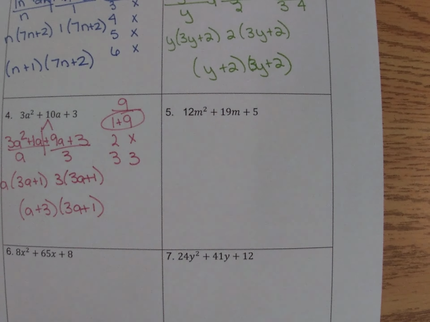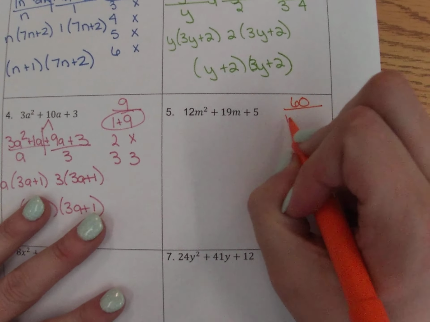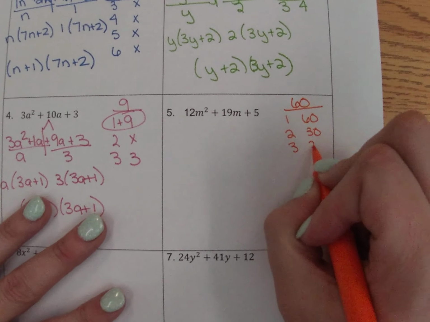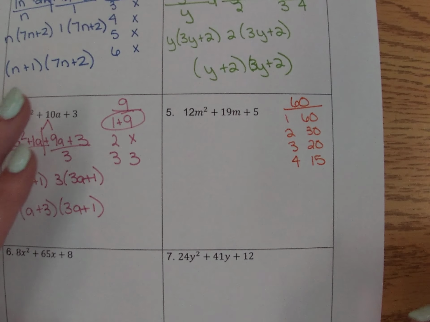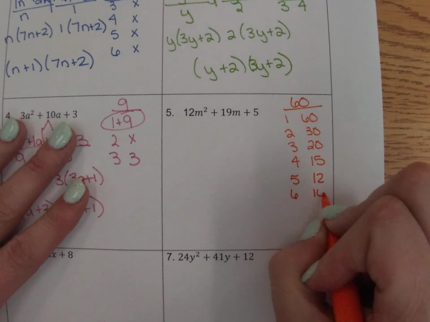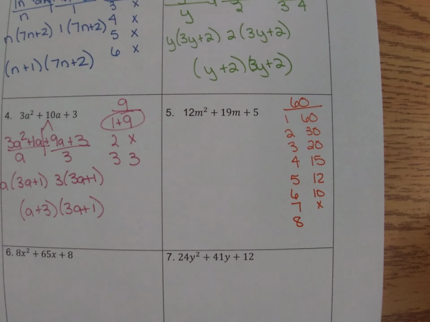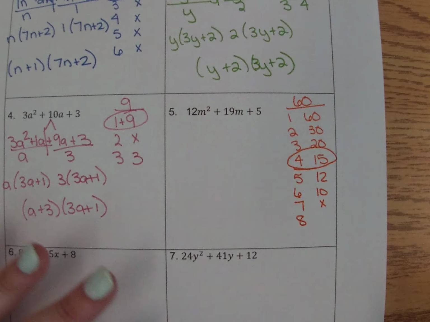Number 5, we'll take 12 times 5, which will give us 60. And again, if you need to pick up your calculator and divide those each, that's fine. Here's our set: 4 and 15.